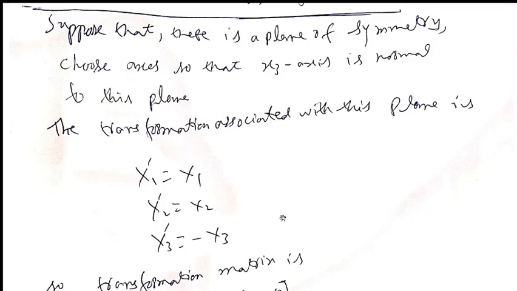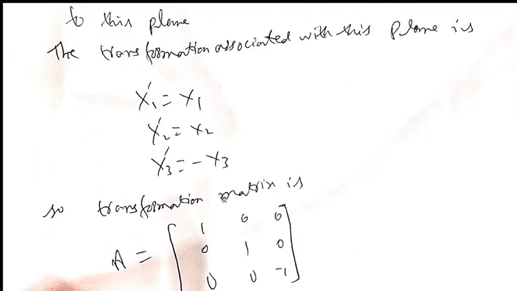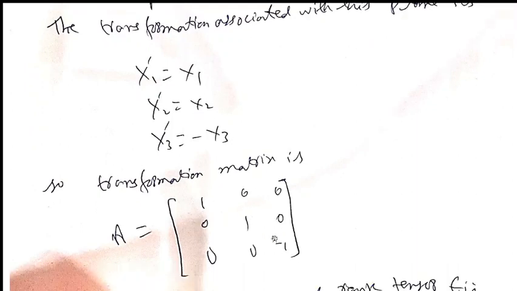That if you take x1 and x2 plane, then x1 dash equal to x1 after and before, x2 dash equal to x2 after and before, and x3 dash equals to minus x3, because it is above the x1 x2 plane, so its mirror will be downward. So from here we can write the transformation matrix 1 0 0, 0 1 0, and 0 0 minus 1.